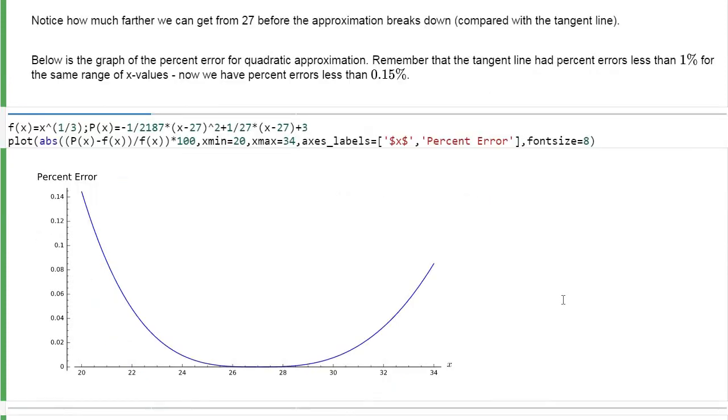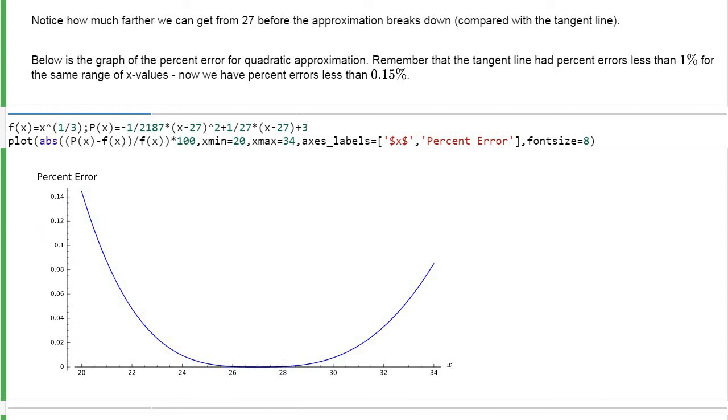Here's the graph of the percent error, and this is the same range on the x-axis as before with the tangent line. X went from 20 to 34. And with the tangent line, remember the percent error went up to about 1% here. Now, 7 units away from the point of tangency, the percent error is less than 0.15%.